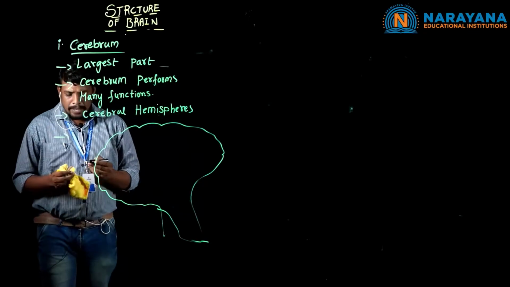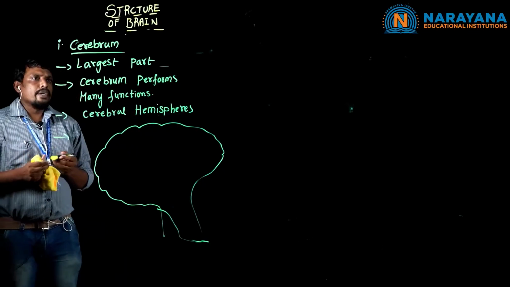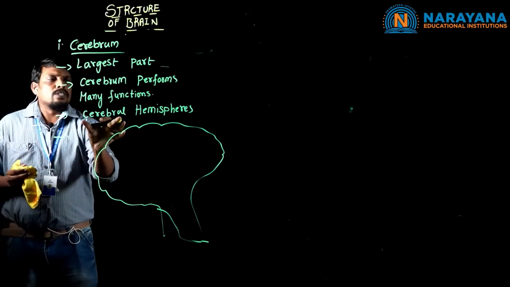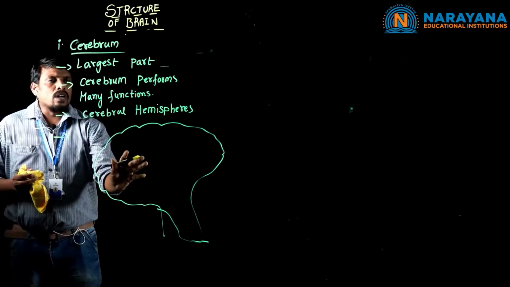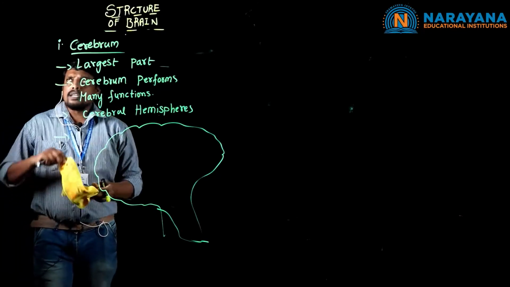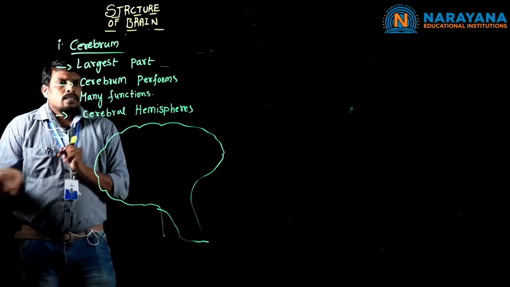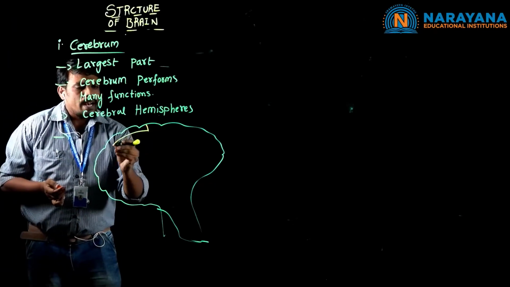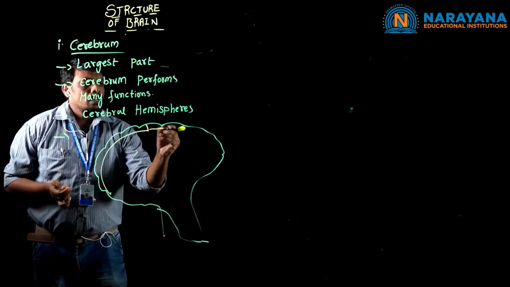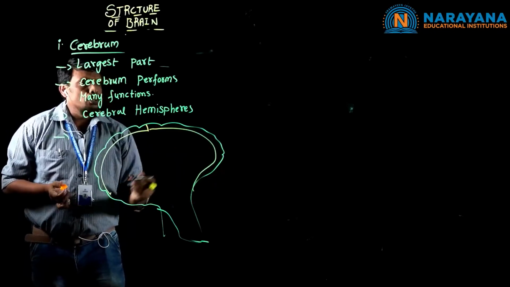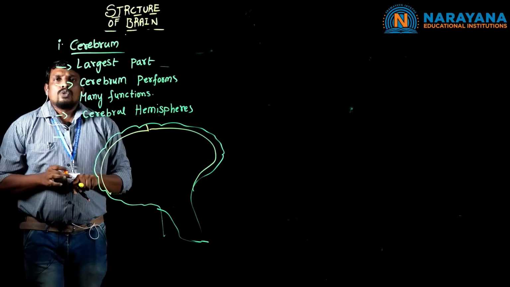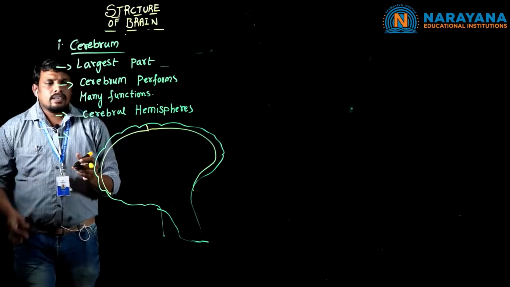Suppose imagine it is a brain. For your better understanding about cerebral hemisphere, I have drawn the diagram. So in this diagram, cerebrum has divided into two cerebral hemispheres.